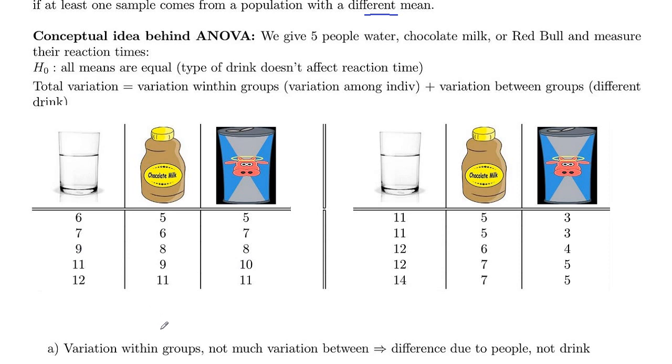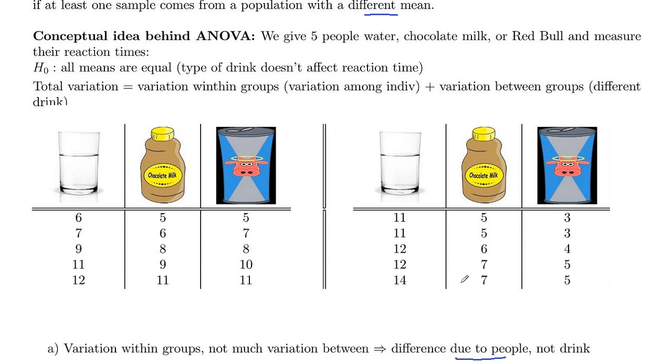So it looks like we've got variation within the groups, but not much variation between the groups. So, from 6 to 12, it doubled, so there's a fair amount of variation within group, 5 to 11, 5 to 11. But the spread in each group looks approximately the same. So this is saying that the difference in variation is due to the people and not the drink.